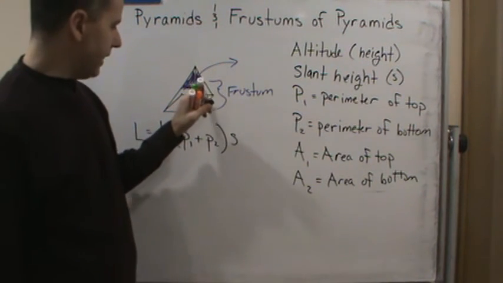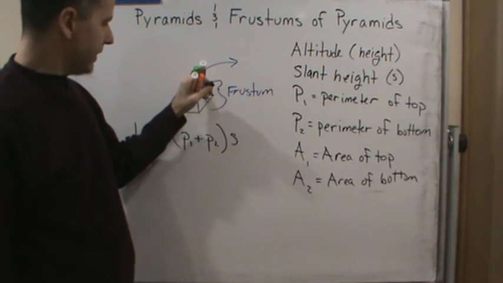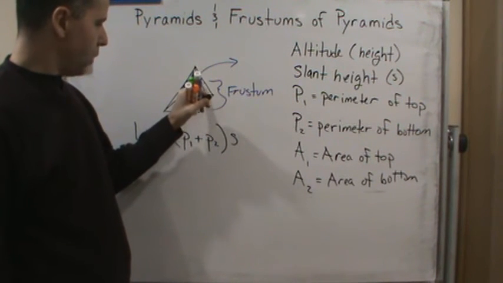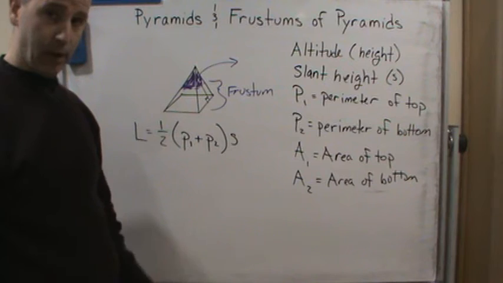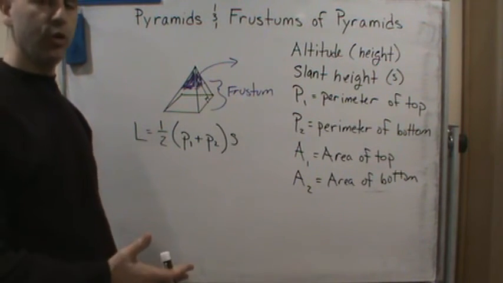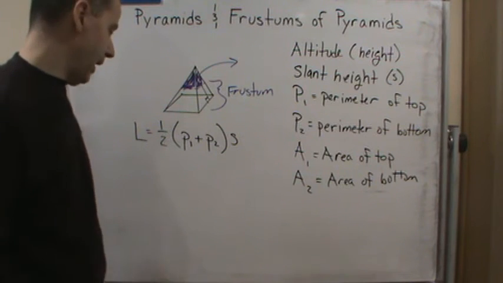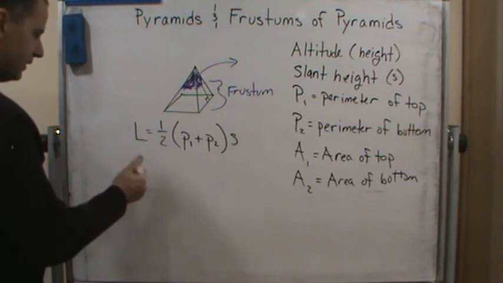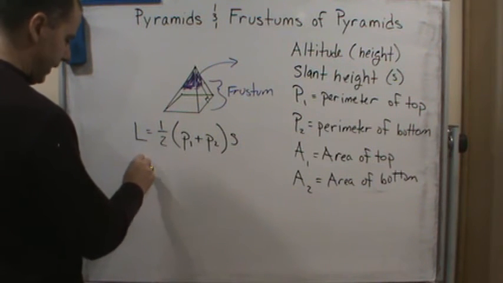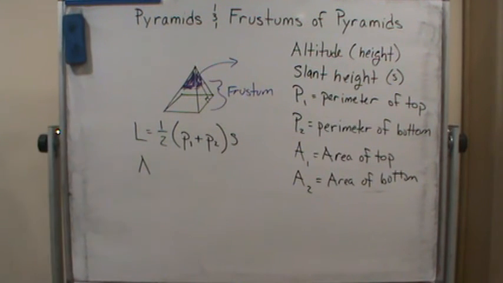But how do we get that slant height? Well, we take the slant height of the entire pyramid, and then we subtract off the slant height of the smaller pyramid if we knew it. But again, I'm just telling you that so you know how these formulas are derived. So this is the lateral surface area of the frustum. That's the formula.